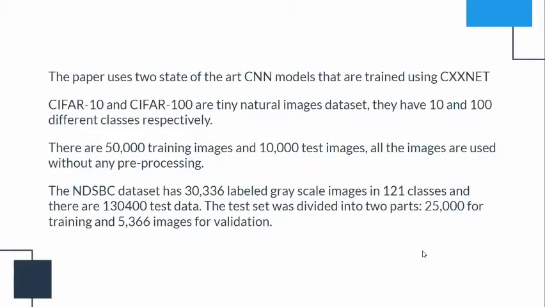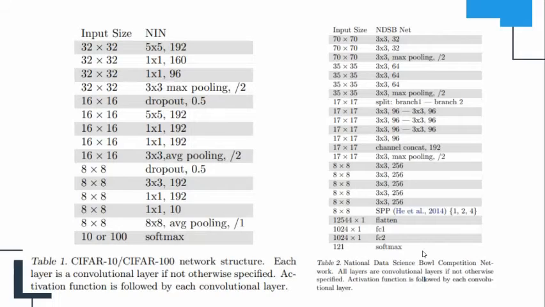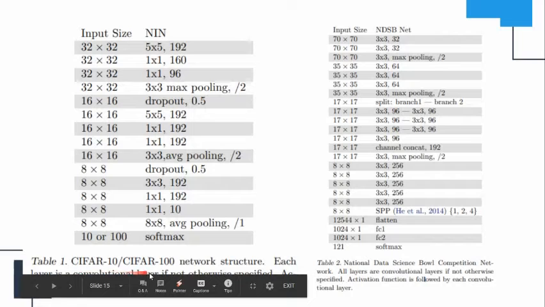The training data is divided into two parts: 25,000 for training and 5,000 plus images for validation. This is the network in network structure for our CIFAR10 and CIFAR100 on the far left, and on the right hand side we have the one for the National Data Science Bowl competition.